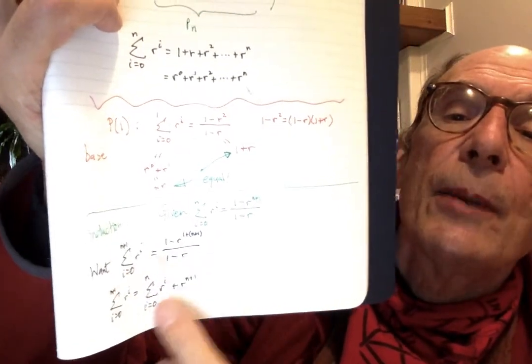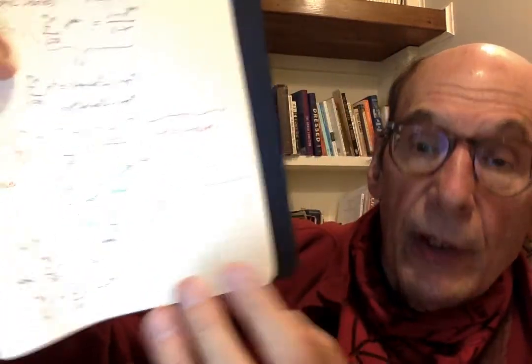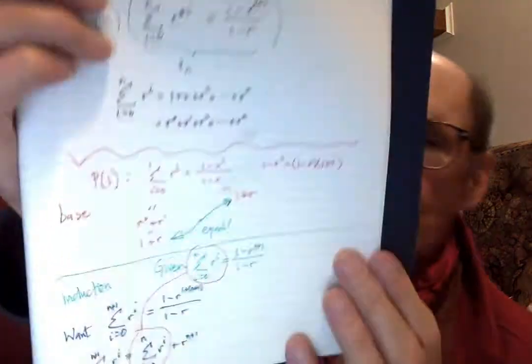I can substitute for this term right here and see what happens. That's the creative part: in doing the algebra for any of these induction steps, you are looking for something from what you're given, and then you can substitute and then do the algebra. So I've circled those in red.